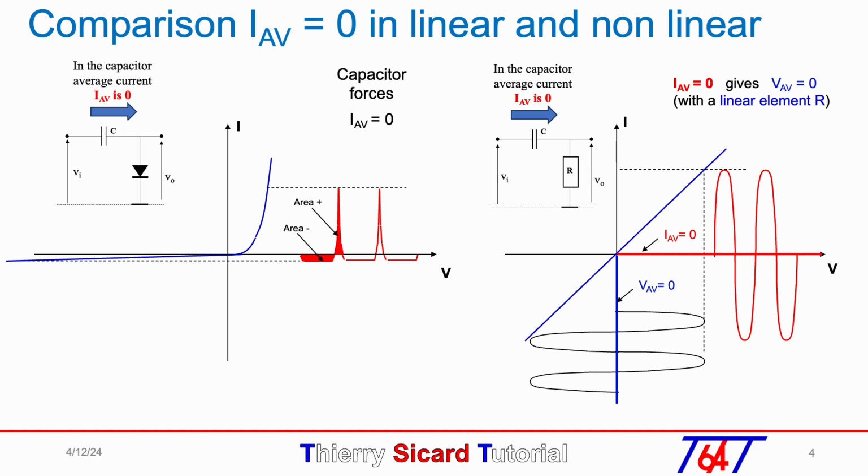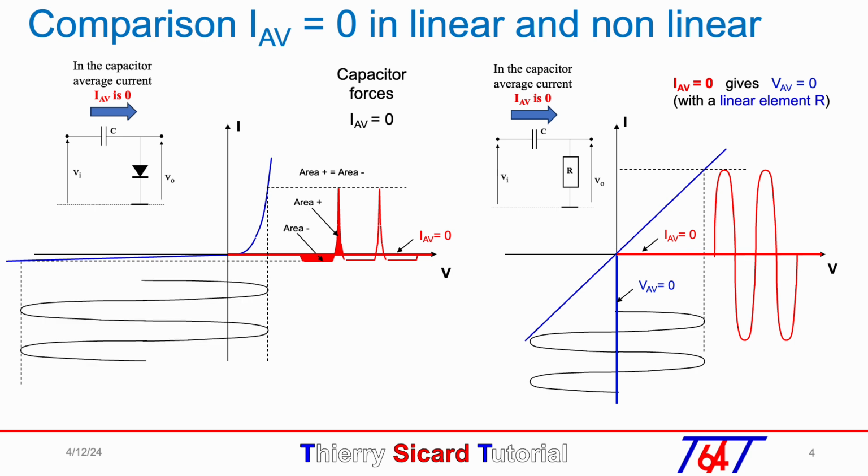But as area plus and area minus are equal, the average current is equal to 0. But this zero average current in this nonlinear element has an average voltage different from 0.